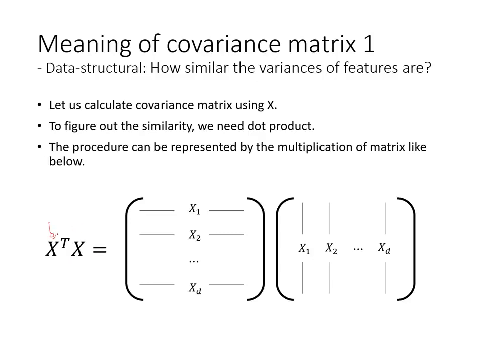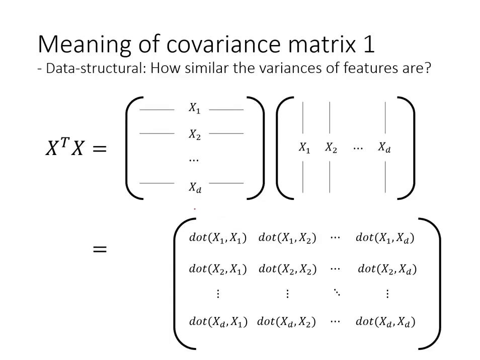So all you have to do is to multiply X transpose in front of X. As you know, it'll give you the multiplication of the matrices, and it works like this. The row of the first matrix and the column of the second matrix, and what you get is to multiply element by element and add all of them. So that's the result of X transpose X, and you can see that these elements are the dot products of each pair of features.